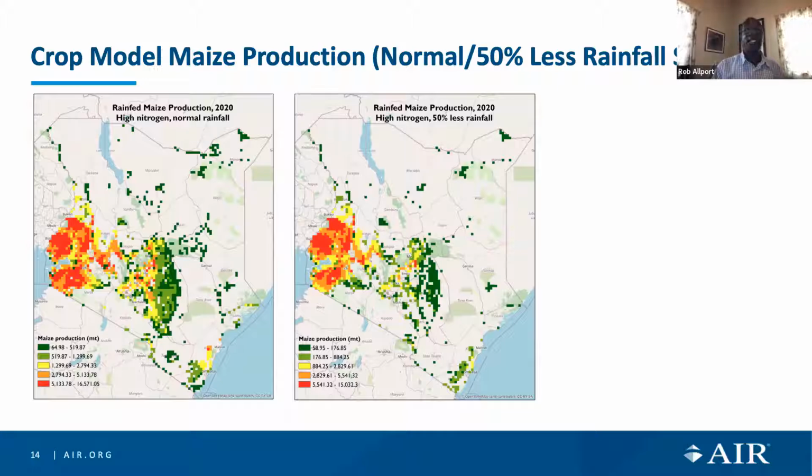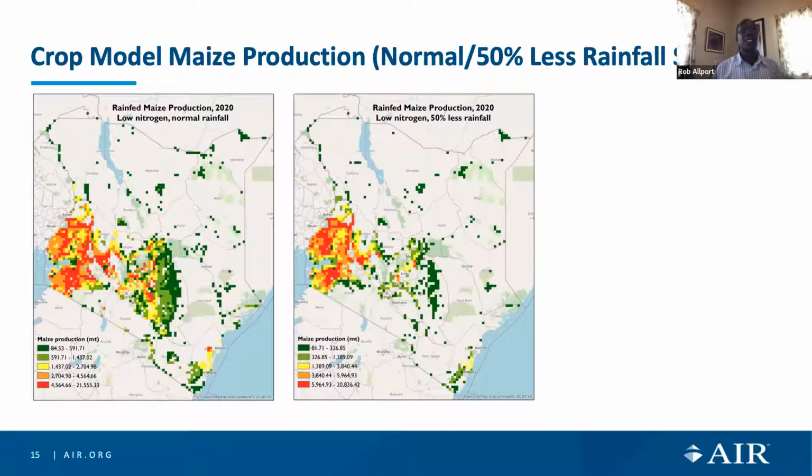For the other pictures that I'm going to show you, it is now low nitrogen, and you can see the picture as depicted on the screen, the normal of that year, how much was predicted for that management practice. And also when you run a depressed rainfall of 50% of normal of that year, you see how much is produced.